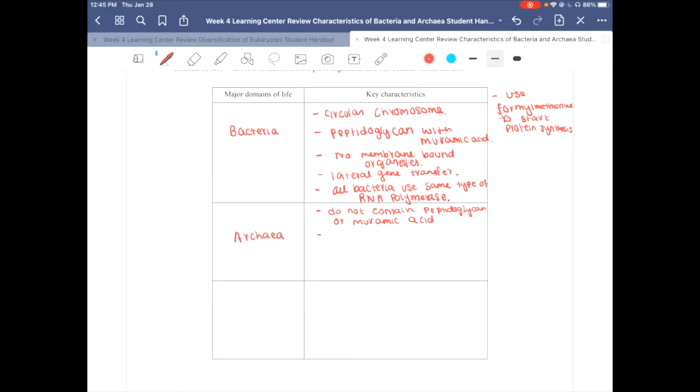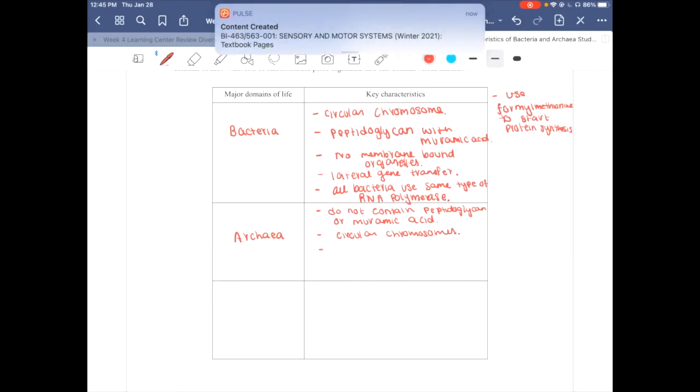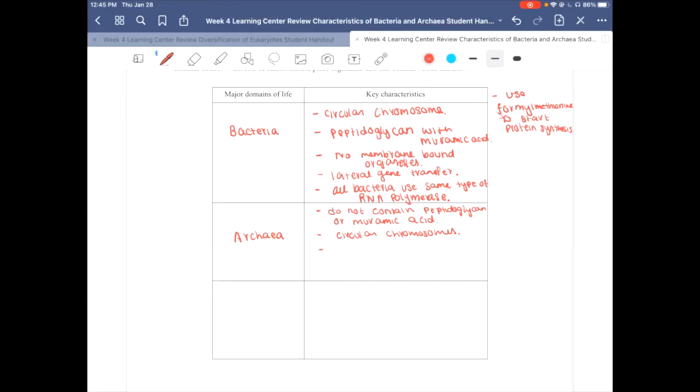But they are similar in that they have circular chromosomes. And they differ again in their RNA, in that they use several different types of RNA polymerases across their species.